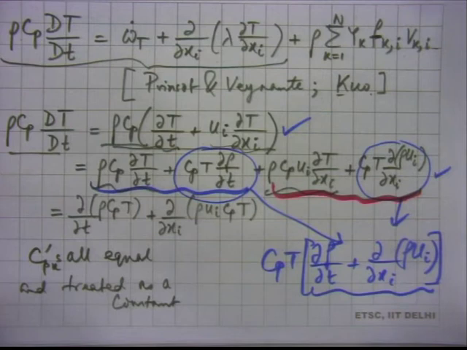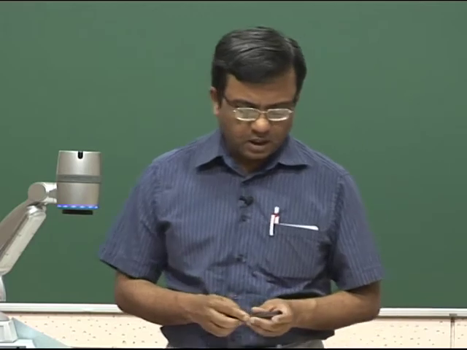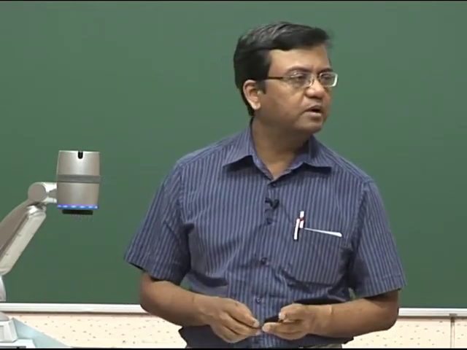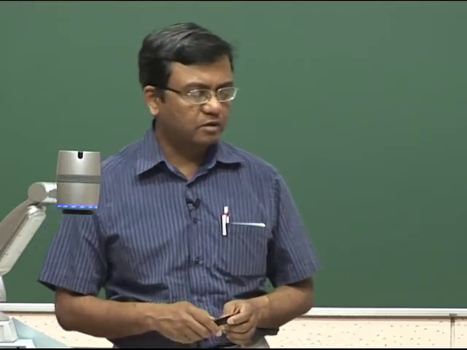In the derivation that we are actually doing today, we are making some assumptions, like taking the thermodynamic pressure to be constant, Mach number to be small, that is low velocities. Then we are taking all diffusion coefficients of individual species to be equal to some overall diffusion coefficient d, and all heat capacities are taken to be equal, Cp, and the Cp's are also taken to be constant.